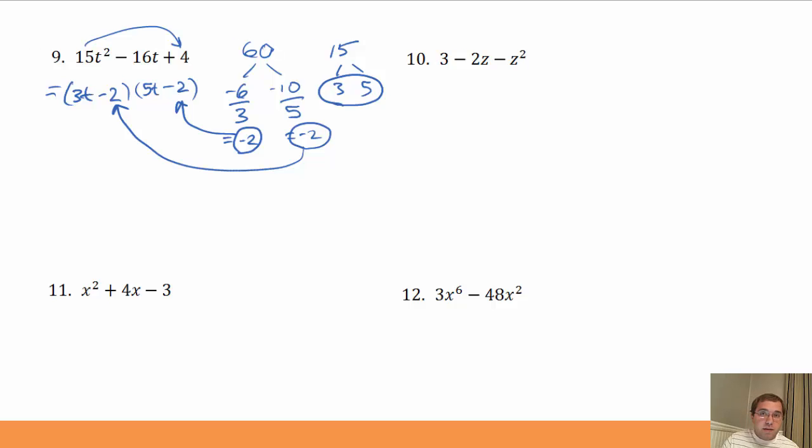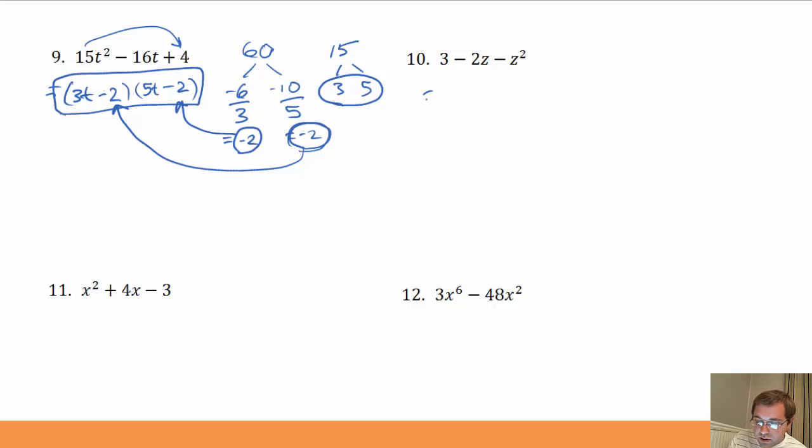They happen to be the same here, they're both -2. But if they weren't the same, that's the way we would have to do it. So that this first -2 gets multiplied by that 3, that second -2 gets multiplied by that 5, if we were to FOIL it out. Again, you can always check your answer on all of these just by FOILing it out, multiplying it out.